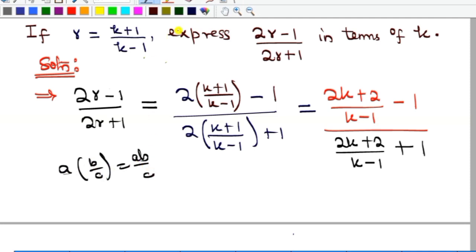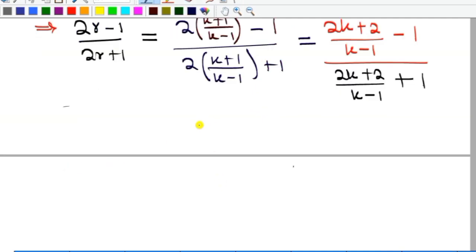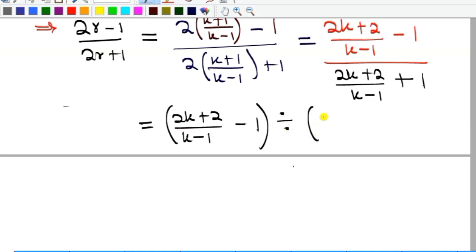Now going forward, we are going to put this in this form, 2k plus 2 all over k minus 1, and this is minus 1, which is our numerator. So all we need to do now is to simplify our numerator and our denominator. Now, the division here, I want to use this sign for that, and so my numerator will come up, and that will be 2k plus 2 over k minus 1 minus 1.